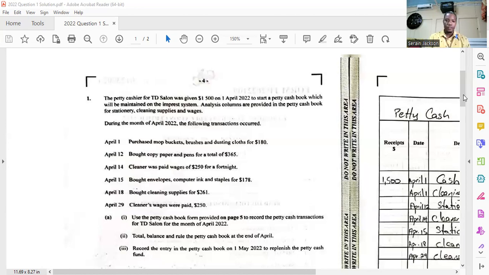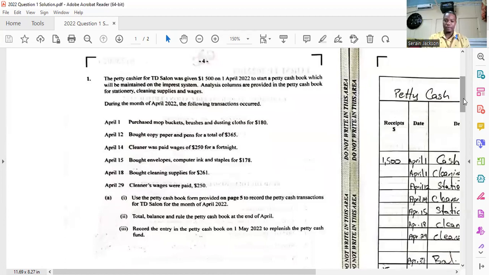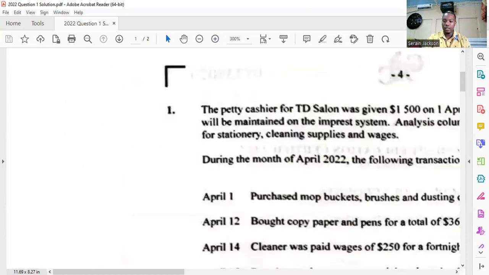So last year's paper, the first question, question 1, stated that it was a petty cash question. The petty cashier for TD Salon was given $1,500 on the 1st of April 2022 to start a petty cash book, which will be maintained on the Imprest system. Right off the bat, this $1,500 is what they would call the float.